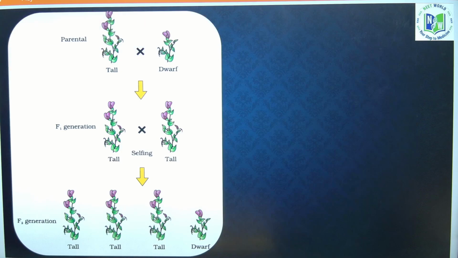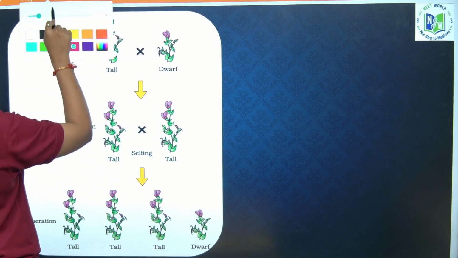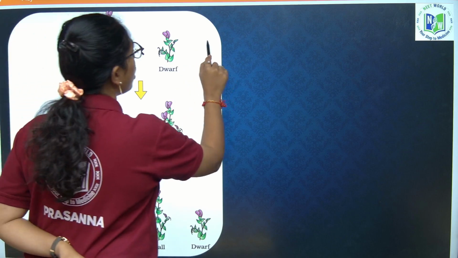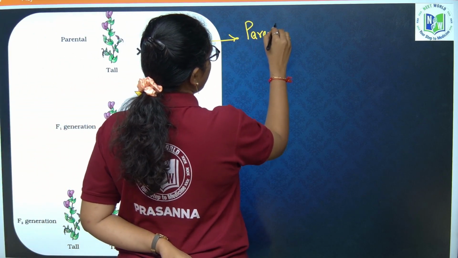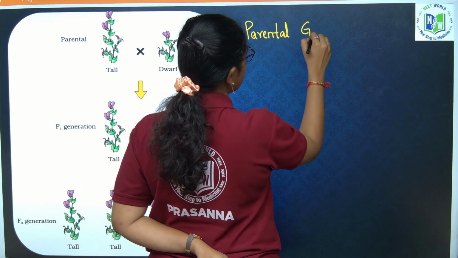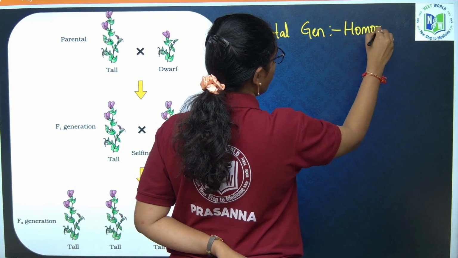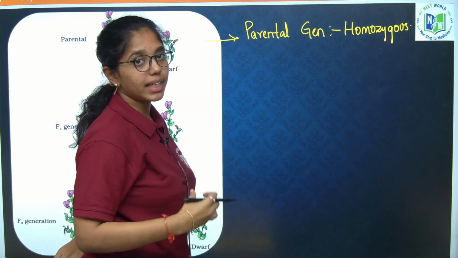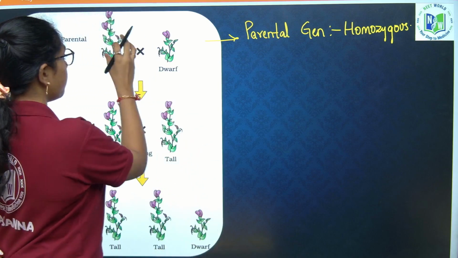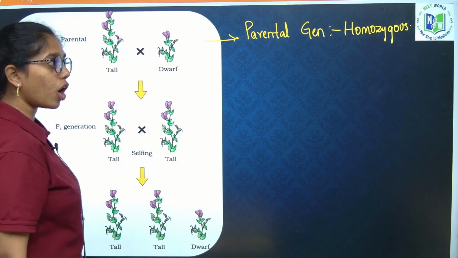Next. Yes, the monohybrid cross we have just learnt. One thing you should be clear about is that the parental generation is always homozygous, dominant and recessive, because they conduct self pollination. Because of the sequential self pollinations, pure lines are obtained.